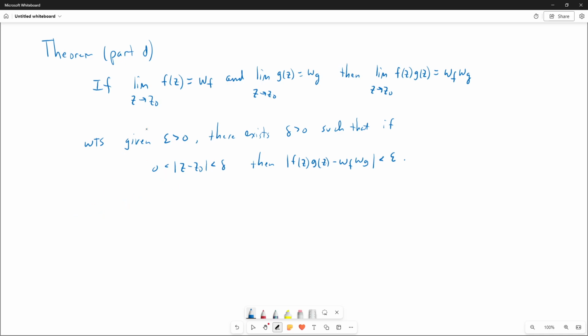So what we have to start with are two limits. The limit of f is wf and the limit of g is wg.